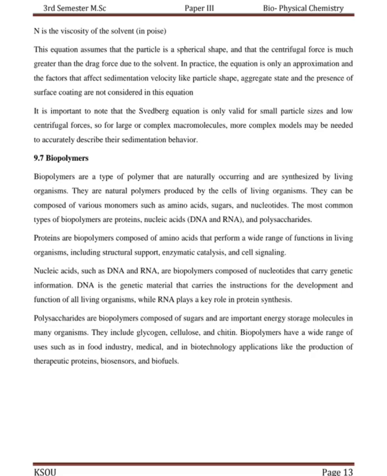So next is biopolymers. Biopolymers are types of polymers that are naturally occurring or synthesized by living organisms. There is a difference between polymers and biopolymers. Polymers are a class of natural or synthetic substances composed of very large molecules.